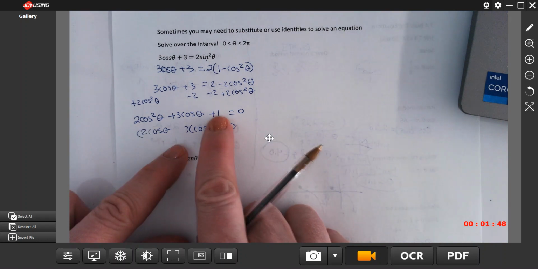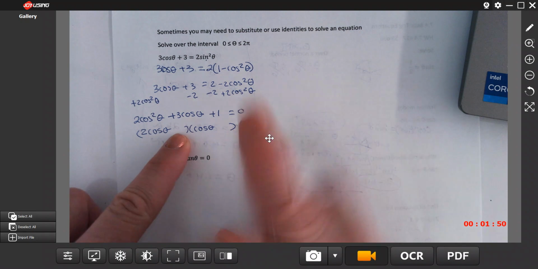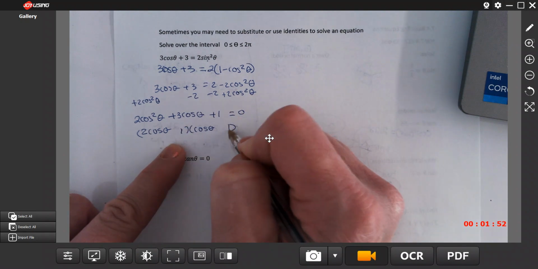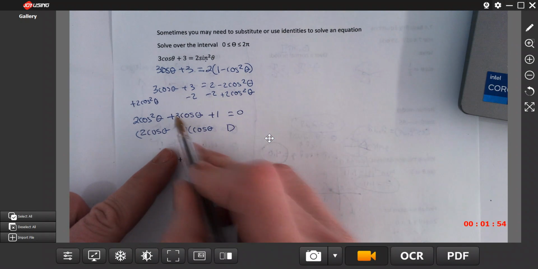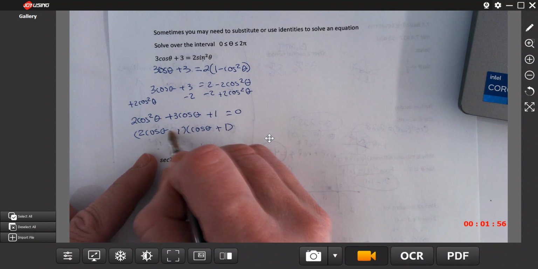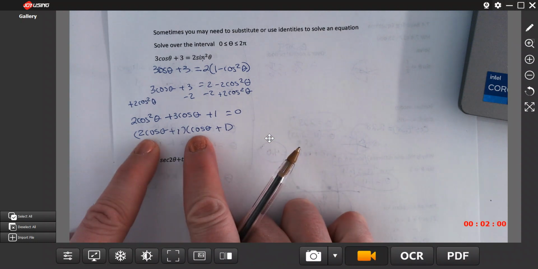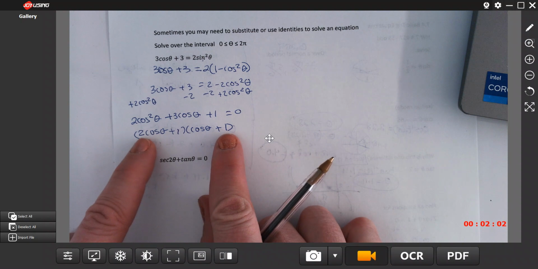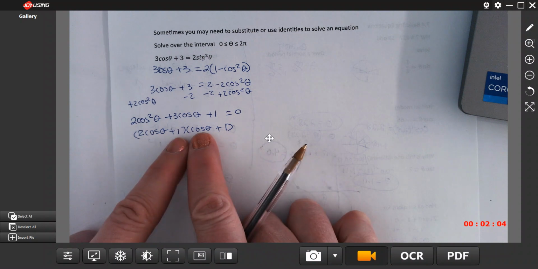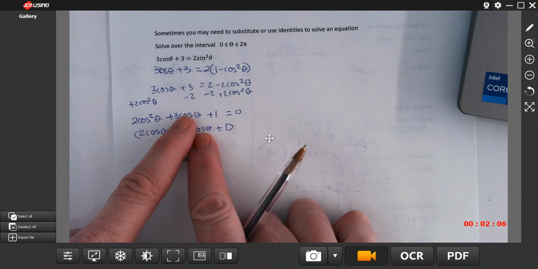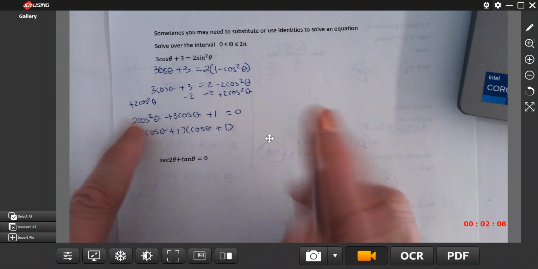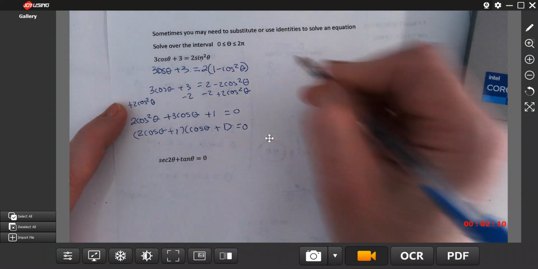And then the only way to multiply and get a 1 with the constant terms is if they're both 1s, either both positive or both negative. Since my middle term is positive, they have to be positive. Now let's verify that this works. I do, in fact, get 2 cosine squared. For outside inside, I get 2 cosine theta plus 1 cosine theta, so that's 3 cosine theta, and 1 times 1 is 1. Good, it worked.